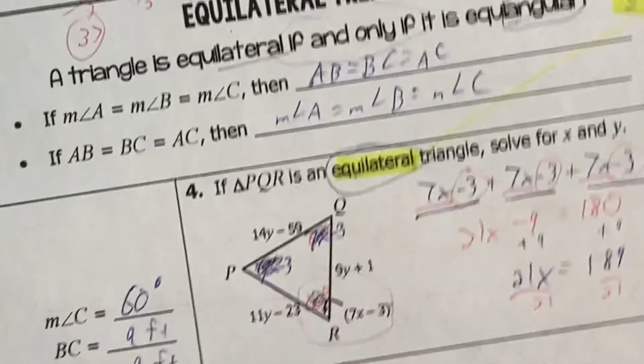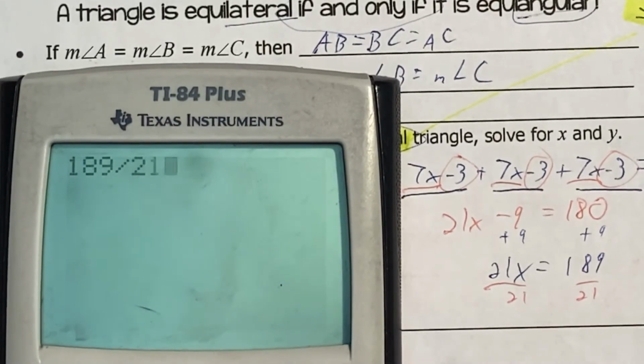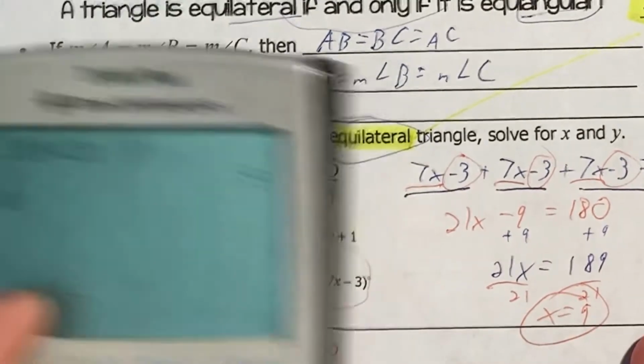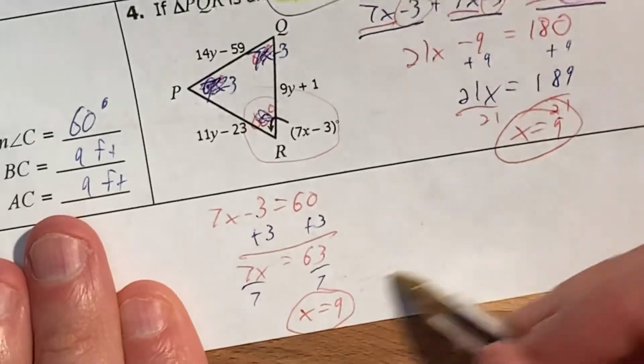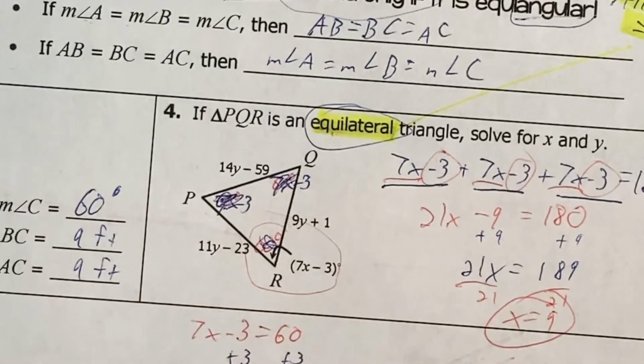I just used the one with no batteries again. 189 divided by 21 is 9, which is exactly what we got over there. It's the same answer. So it doesn't matter which one you do, it's just what works best for you.